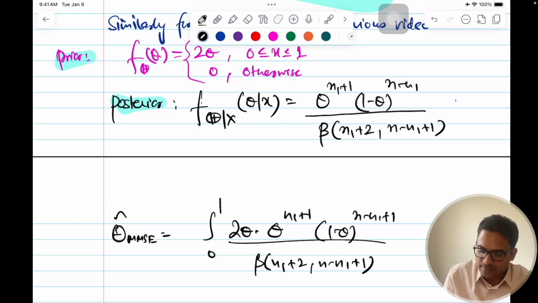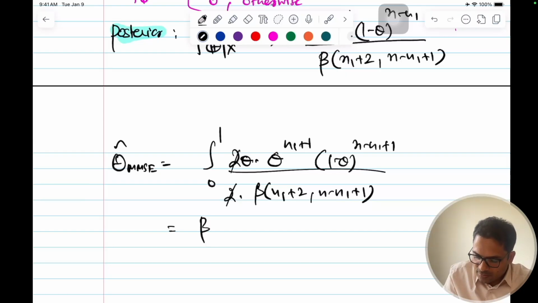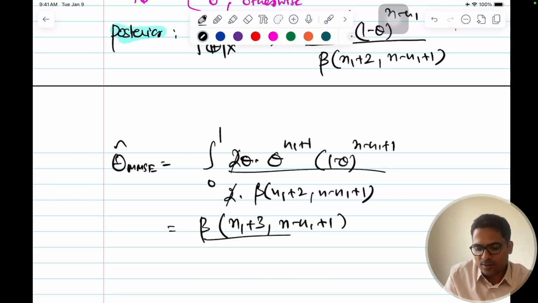Okay, and this 2, and here also that 2 will come, this will cancel out, and this theta will increase 1, because this theta will multiply in both places. Just do the maths, this will finally become beta function of n1 plus 3, n minus n1 plus 1, by beta function of n1 plus 2, n minus n1 plus 1.